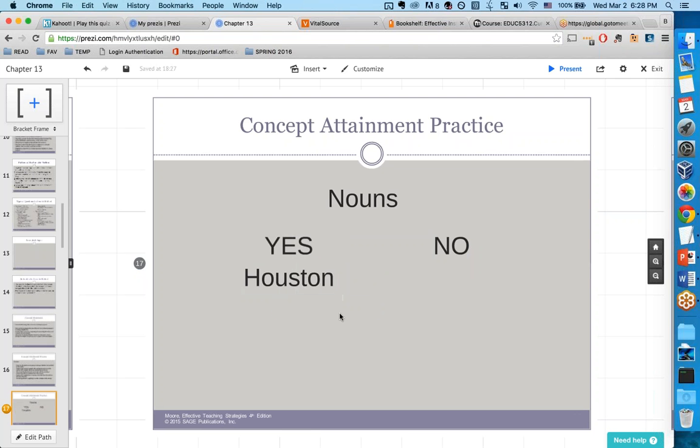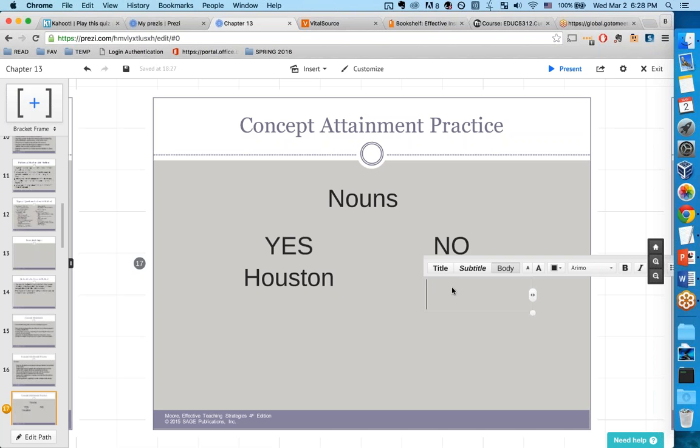All right, so I just showed you a positive example of a noun here. How about chair? All right, there are yeses and nos. According to the description, a person, a place, or a thing.